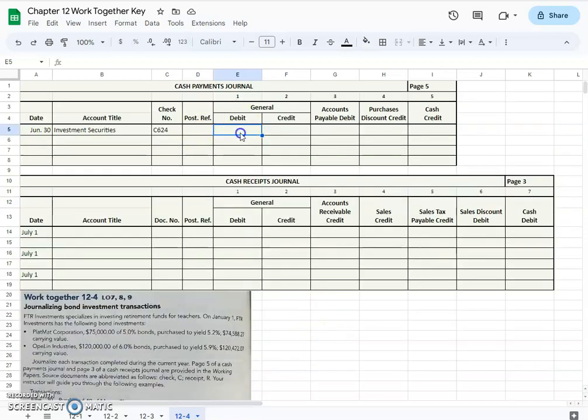That's really the key number here as far as our transaction goes. So a debit to investment securities, a credit to cash. We're done with this one.